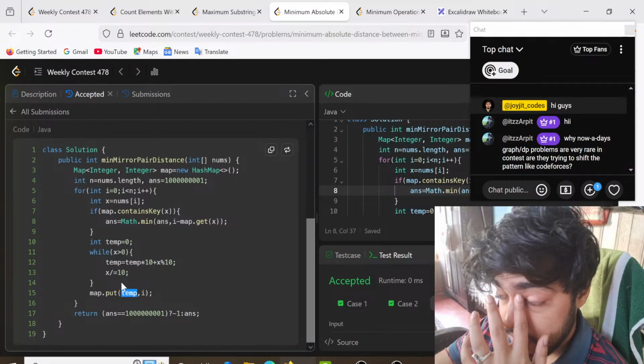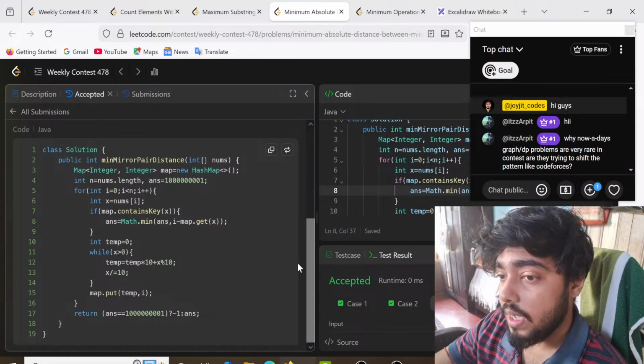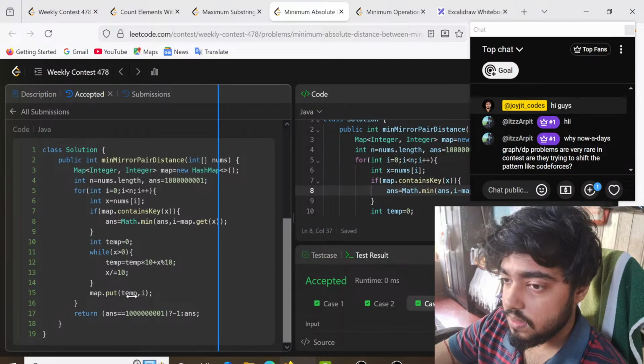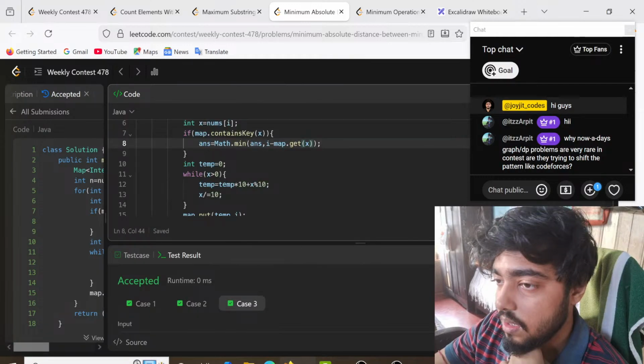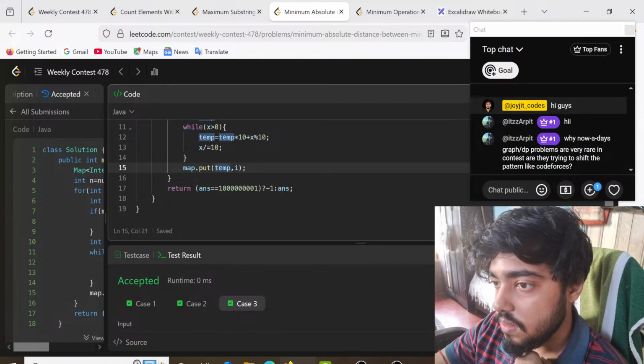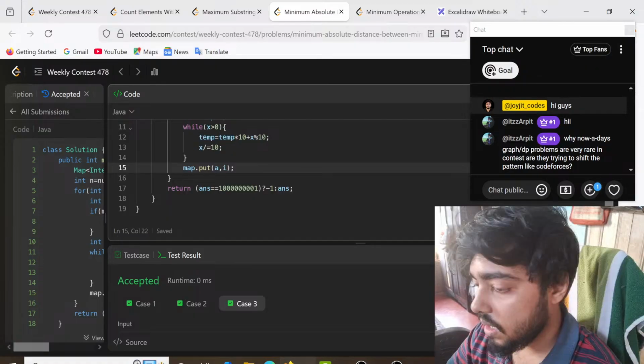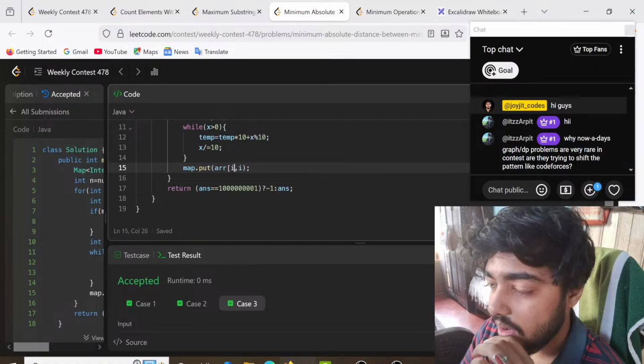What do I mean by the opposite thing is this. Instead of checking for this, what you could have done is you could have made this arr of i. I think it's not arr of i, it should be nums of i, right?